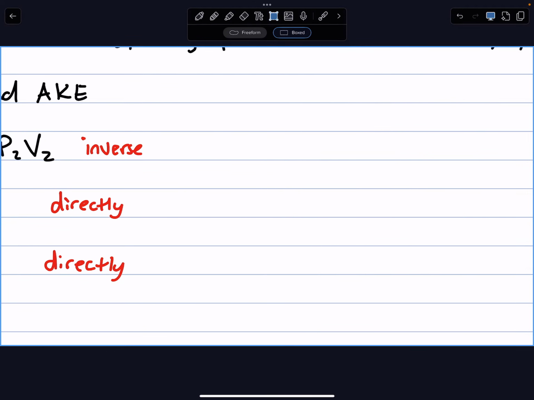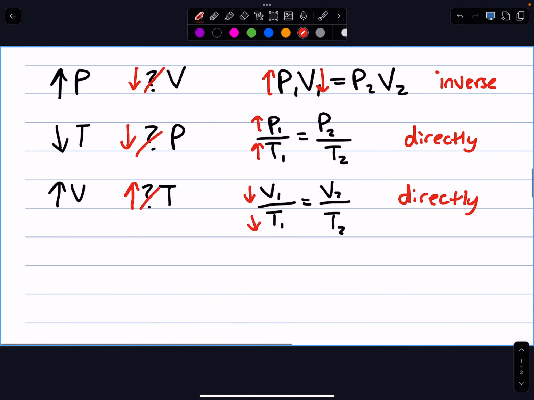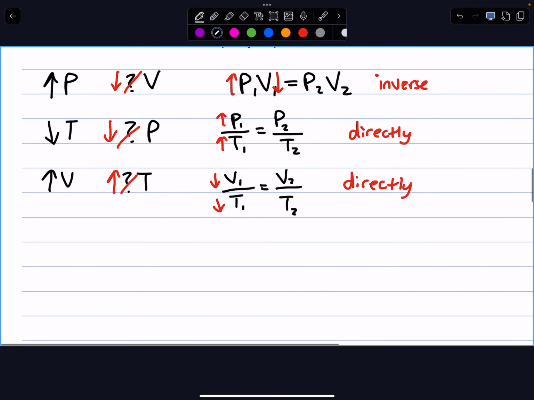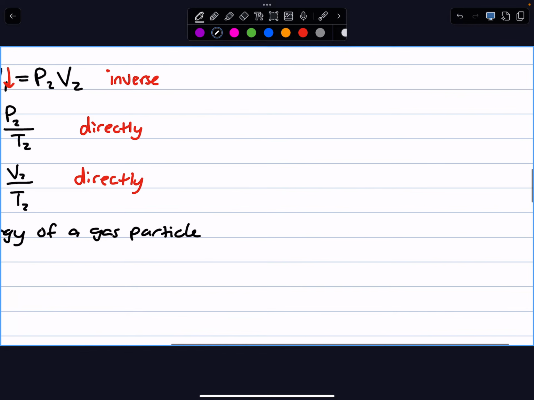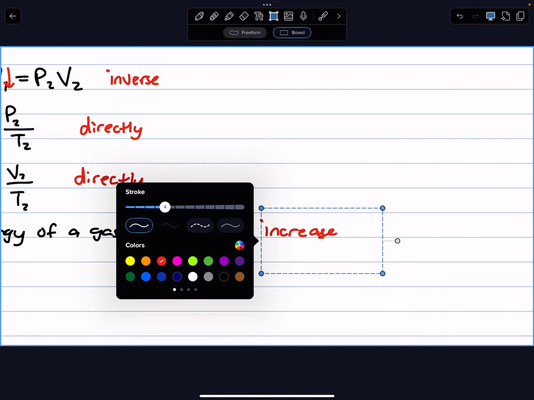Okay, another variable that I can compare is average kinetic energy, the energy of a gas particle. It's very important to note that the average kinetic energy of a gas particle will increase. This is important. I'm going to change the color so we highlight that it's important.